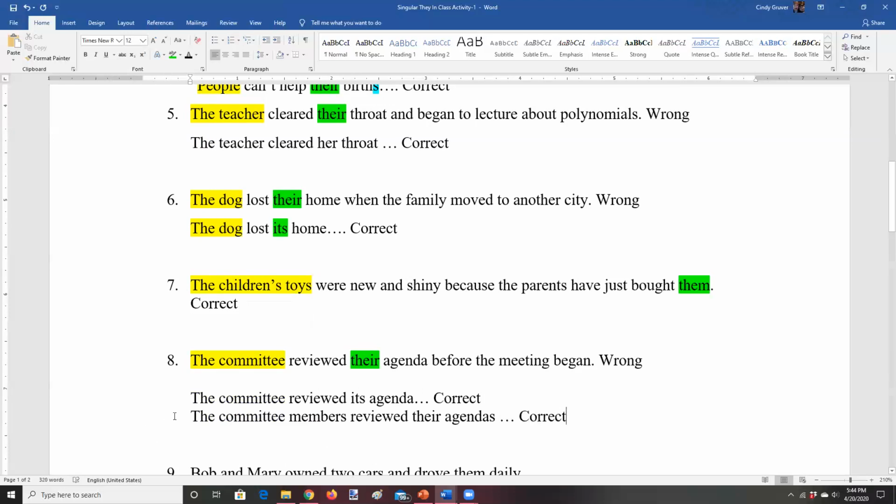So again, this is a case of us changing the antecedent so we can have a better ear match with our pronoun. And again, when you're making this edit, you have to make things plural. Not always, but it definitely happens from time to time.